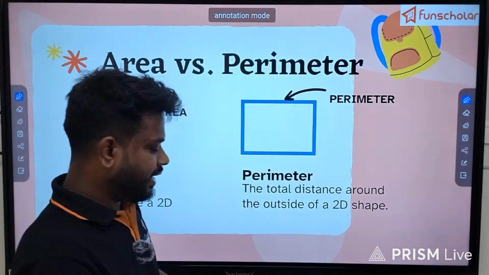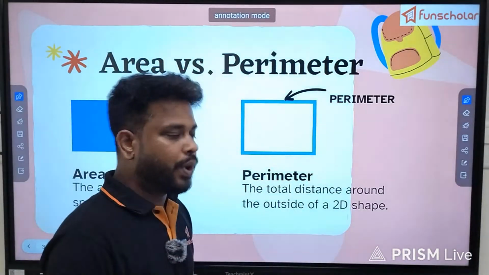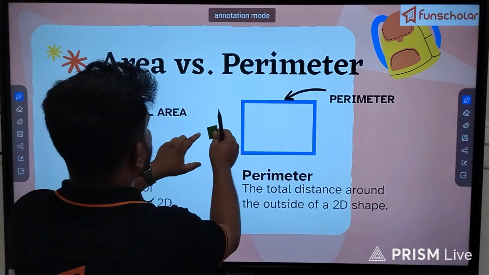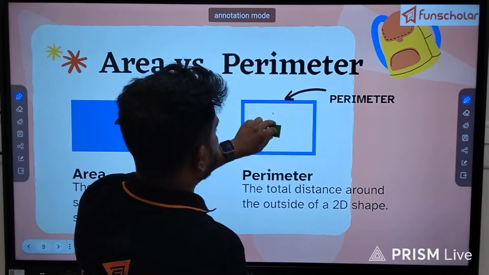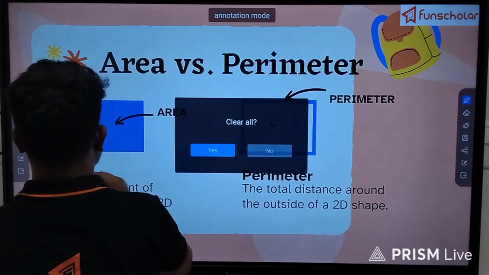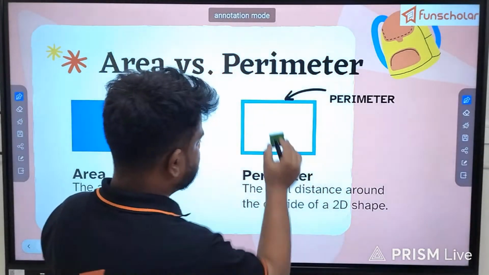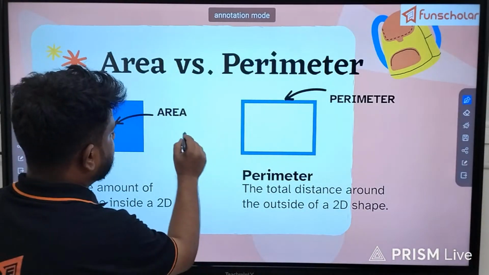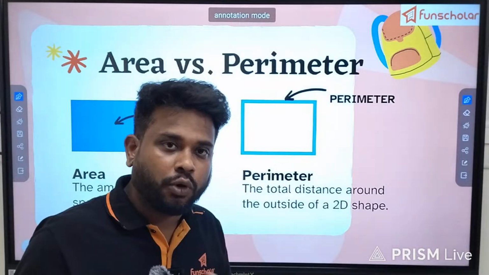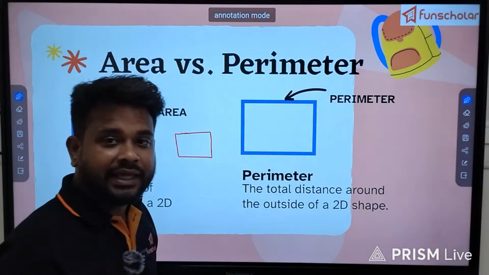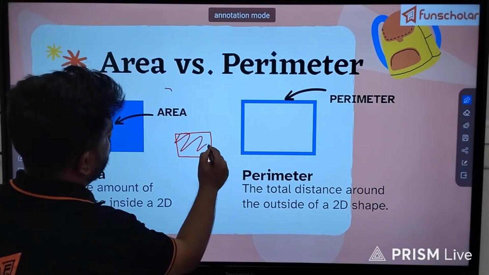In short, if I select this square, the perimeter will be all around the square. The perimeter will be the boundary or the border, and the area will be the whole inside part of this border.